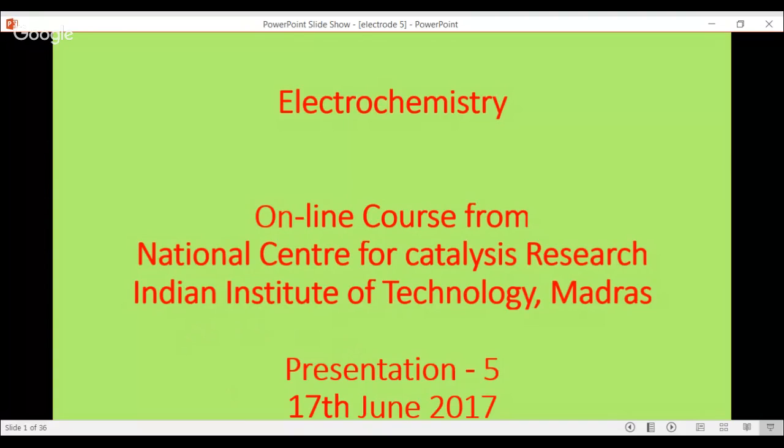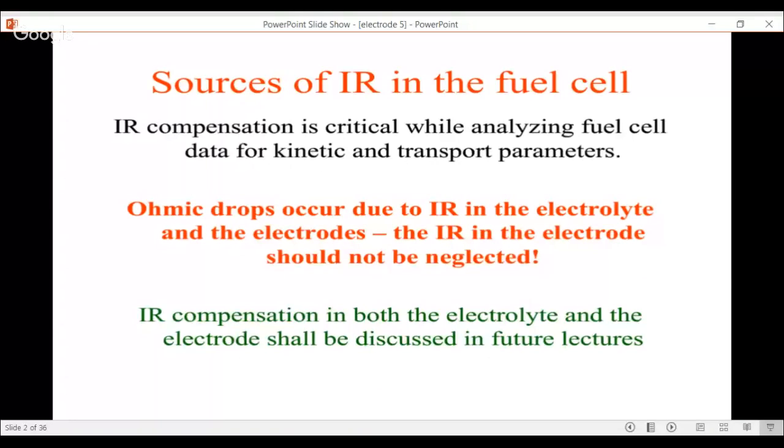Now today we are going to see a little bit more on this. We have already seen that there is the IR drop, that is, in the electrolyte there will be a small amount of potential drop which will be manifesting as the IR drop.